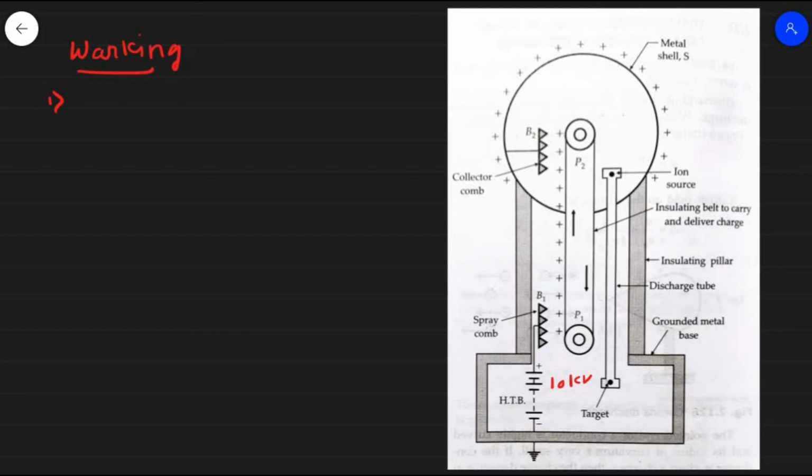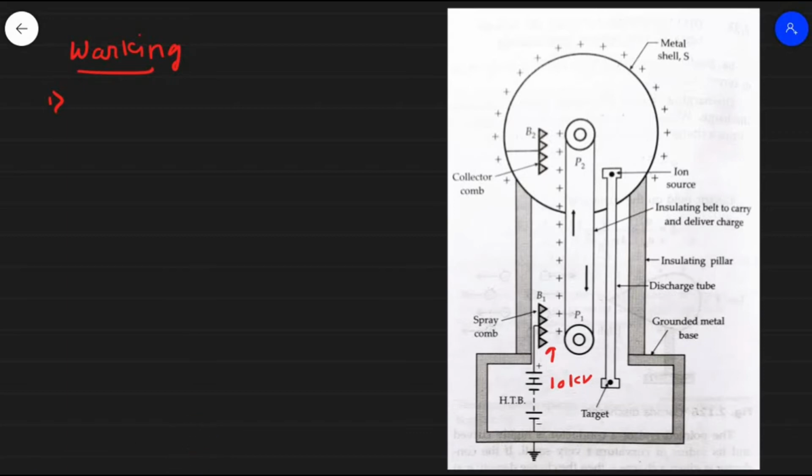Now, as we give potential to this spray comb, what will happen? The positive charges start accumulating at the pointed ends of the spray comb. When the charge density increases at the pointed end, the electric field at this point becomes very high, because as the charge density increases, the electric field also increases. We have already discussed this in our previous video.